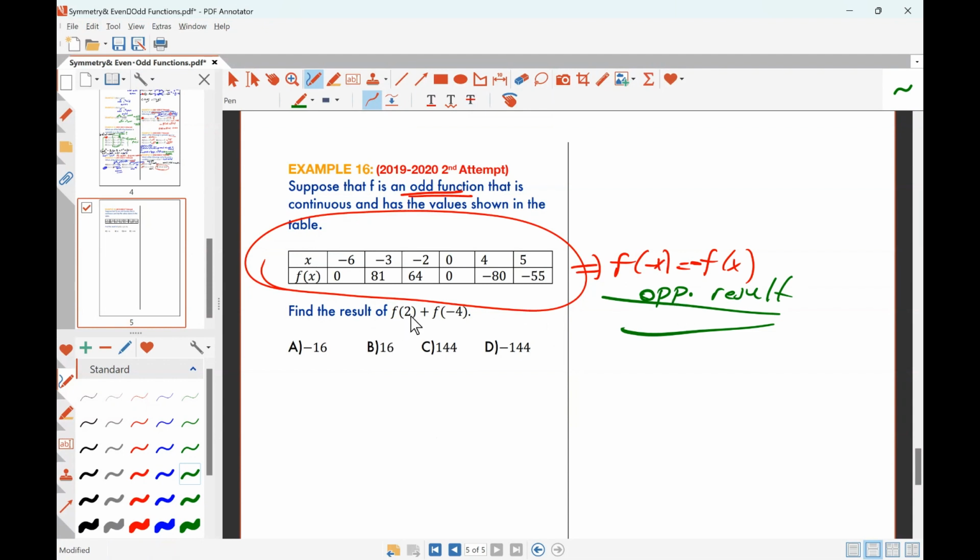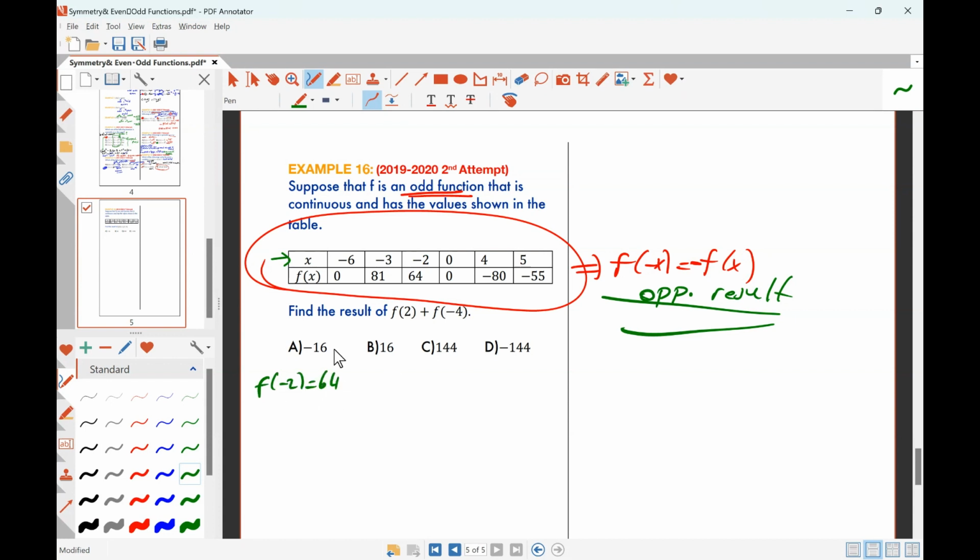So f of 2. Your x value is 2. Look at the x values. The first row represents the x values. Find 2 in the first row. Do you see any 2 here in the first row? No, you don't. But you see negative 2, right? F of negative 2 is 64.